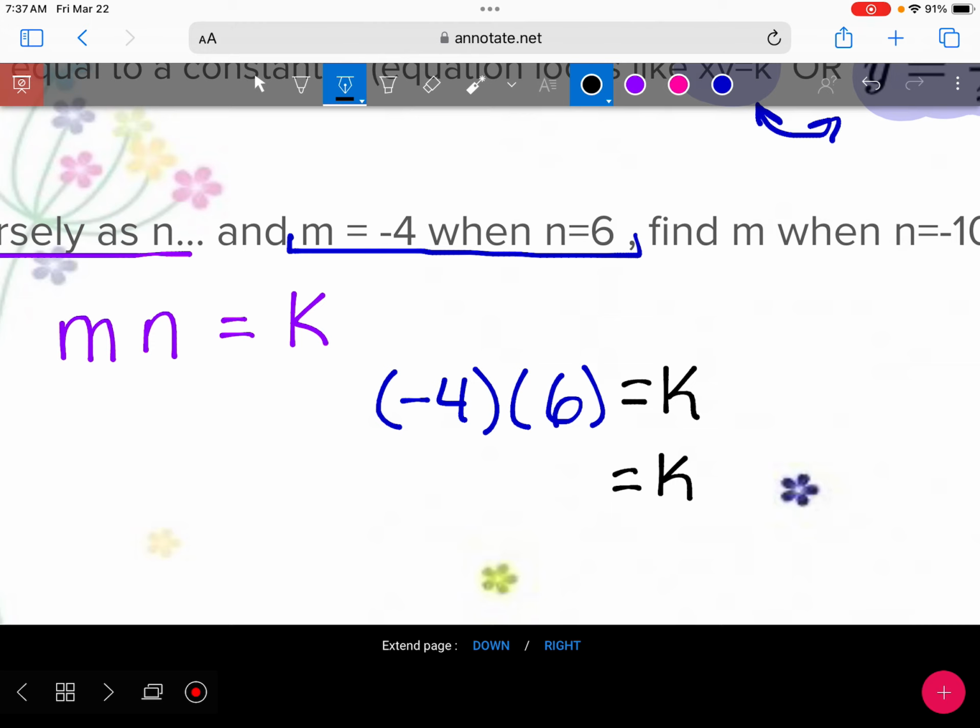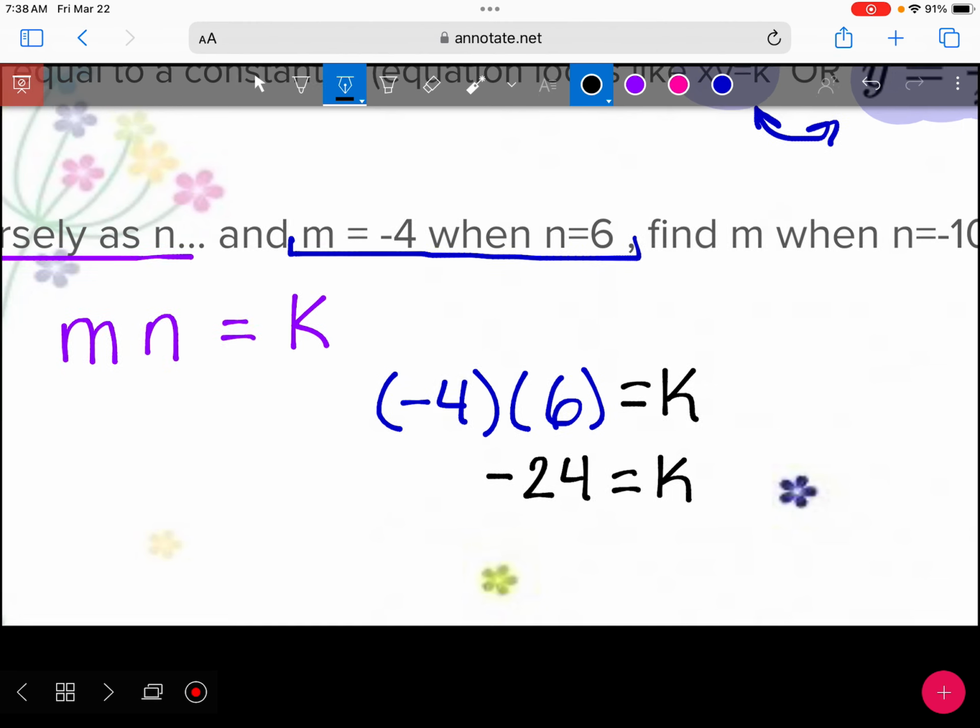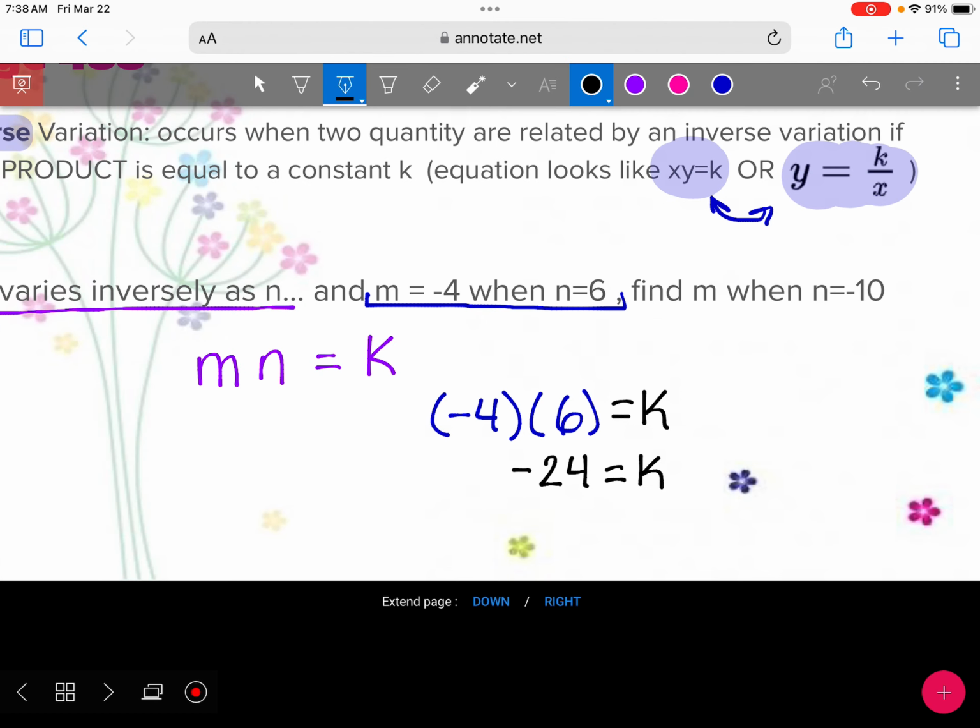What is -4 times 6? -24. So now I know a little bit more about my equation. I can rewrite this using my k. So in this situation, m times n is going to equal -24. No matter what other values we have, m times n is going to equal -24.